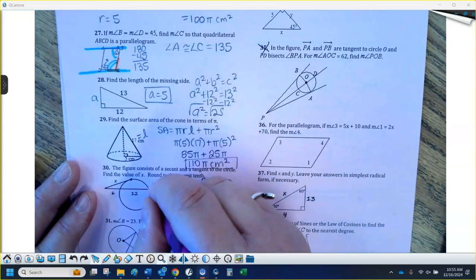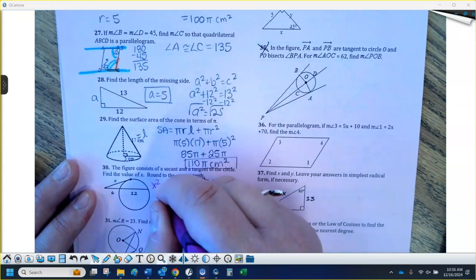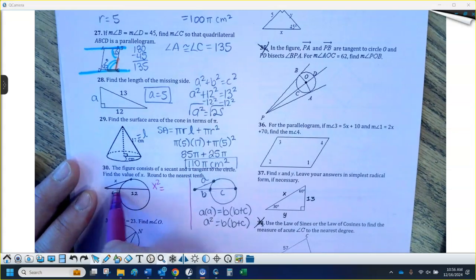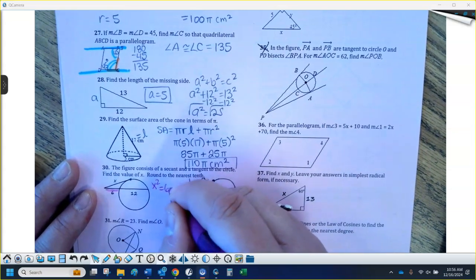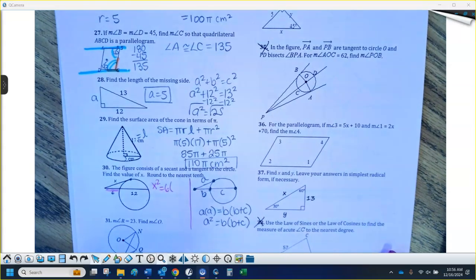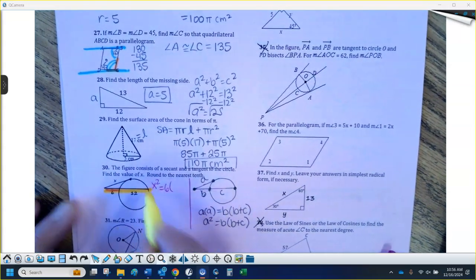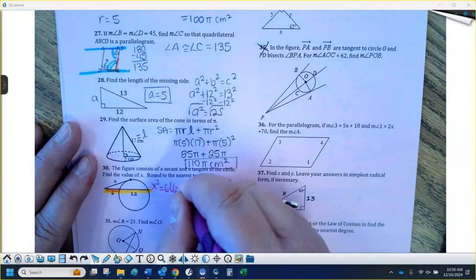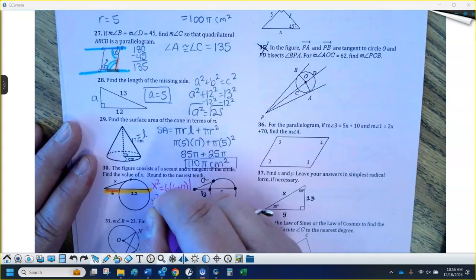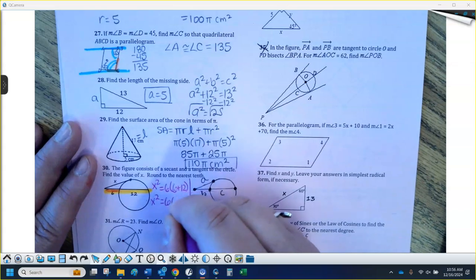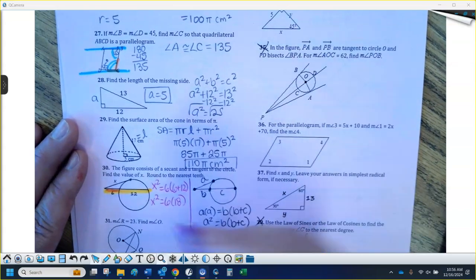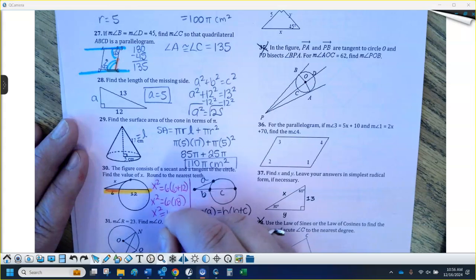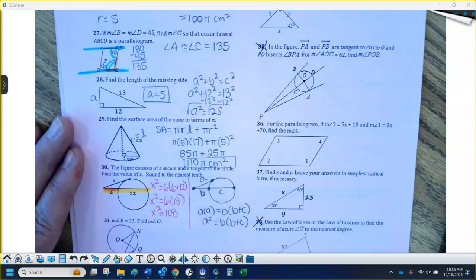So x times x would be x squared, has to be equal to the outside piece, 6, times the whole thing, 6 plus 12. So this will be x squared equals 6 times 18. This is 108 if you multiply those together.